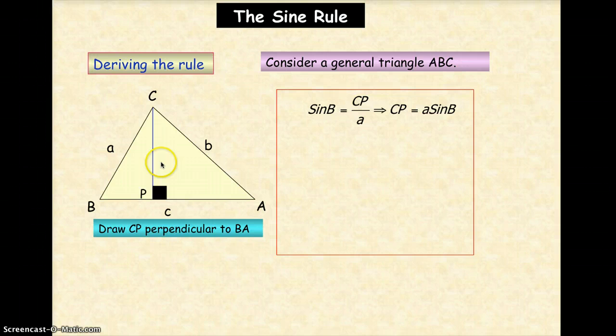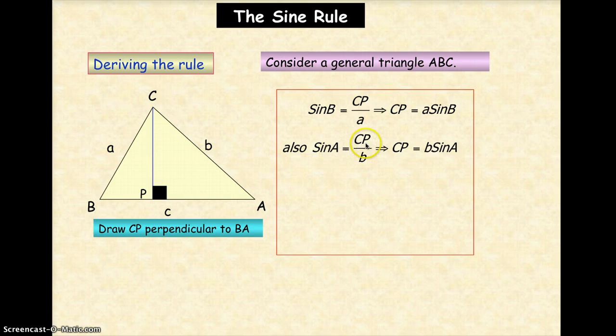Next, let's see how we find CP using the bigger triangle. Now we're going to use angle A as our reference, so sine A should be the opposite side divided by the hypotenuse.